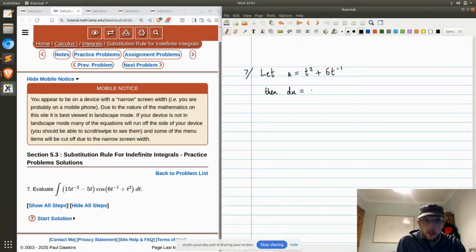Then du equals 2t minus 6t to the minus 2 dt, and this needs to be multiplied by negative 5 over 2.